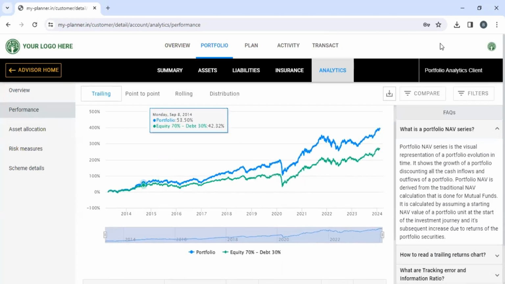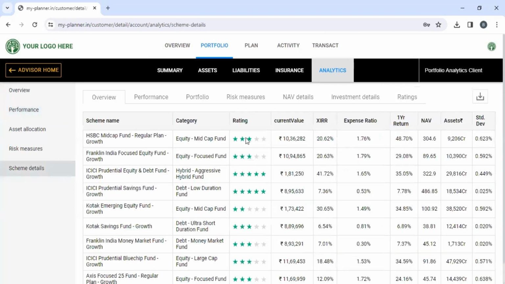So lastly, the scheme rating. I'll very briefly jump into it because I think we are mostly out of time. For ratings, we've come up with our own rating methodology. It uses short-term and long-term risk and return perspectives of each individual fund in its category. We compare it against the category average and the category benchmark.